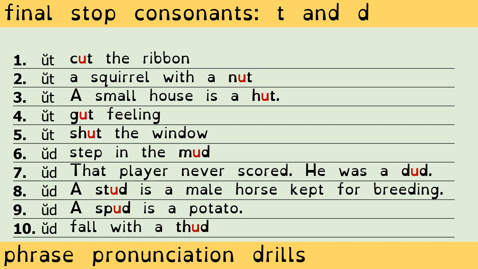A stud is a male horse kept for breeding. 9. Ud. A spud is a potato. 10. Ud. Fall with a thud.